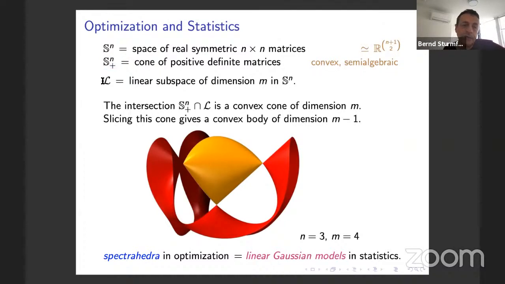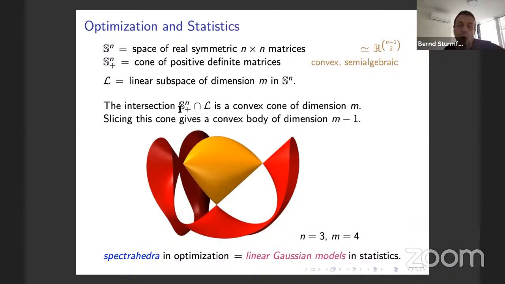Now let me also fix an LSSM, a linear subspace, and I'm going to write M for the dimension of this linear subspace. So L is a linear space of dimension M inside this ambient space. Now, the intersection of this cone with the linear space, if non-empty, is a convex cone of dimension M.